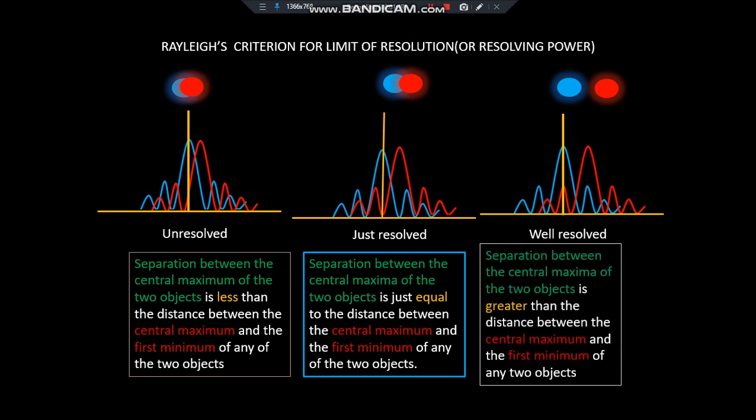In that case, the separation between the central maxima of the two objects is greater than the distance between the central maxima and the first minima of any of the two objects. So that's Rayleigh's criterion of resolution also. Now look at the maxima in the three.